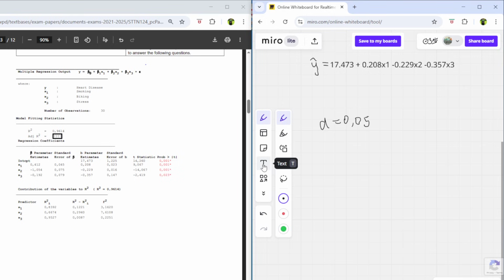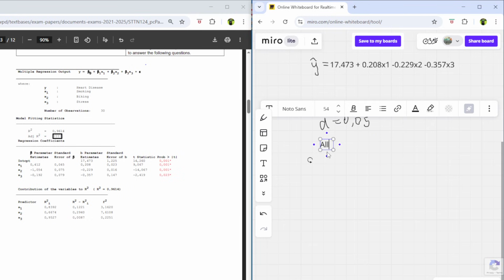So in this case, you can say all the variables contribute statistically significantly.